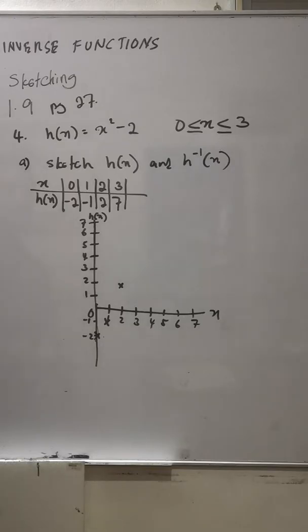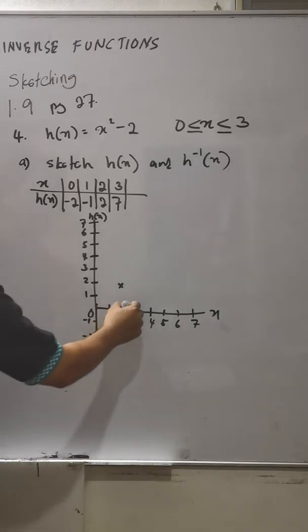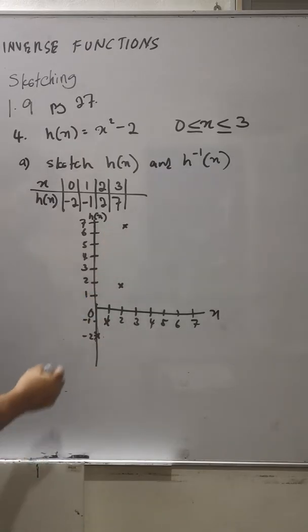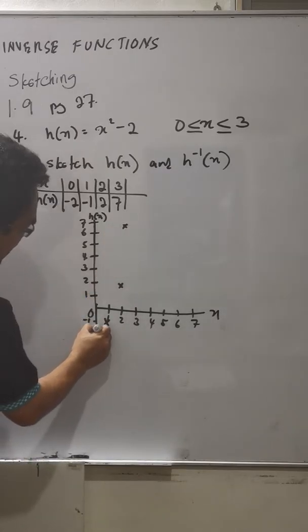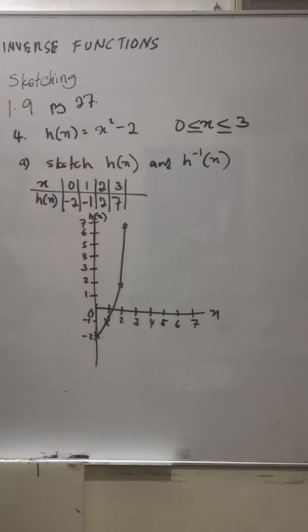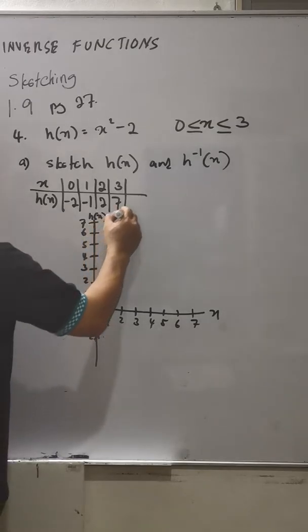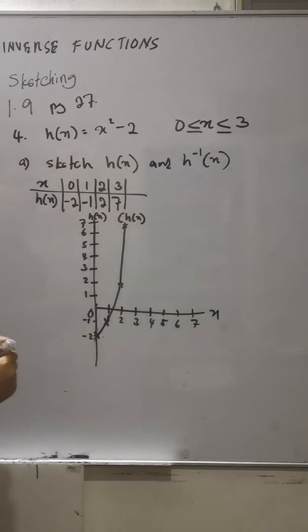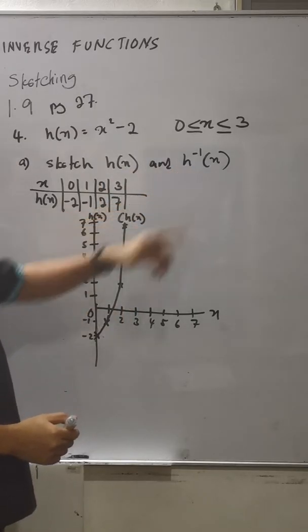And then (3, 7) will be here. Okay? And we connect the graph, it will be like that. This is h(x), and you have to sketch this.